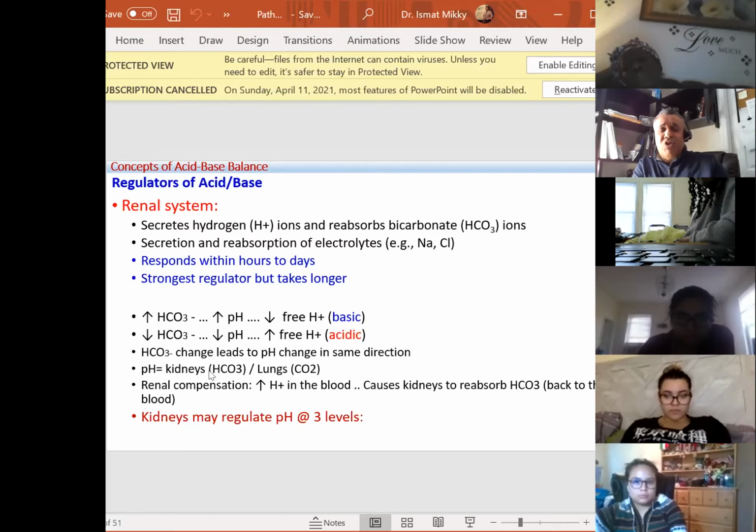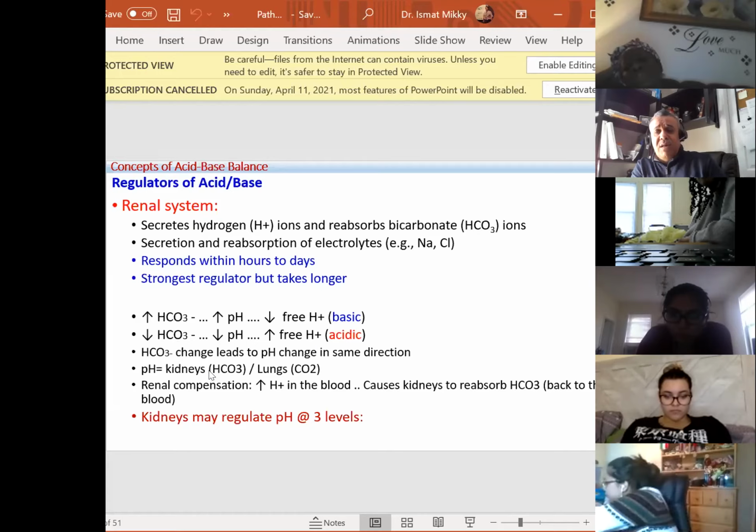What would be the compensation to fix respiratory acidosis? Excretion. It's supposed to excrete the source of the acidosis, which is the H pluses. More hydrogen ions should be excreted in the urine, and we need more of that bicarb to be reabsorbed.